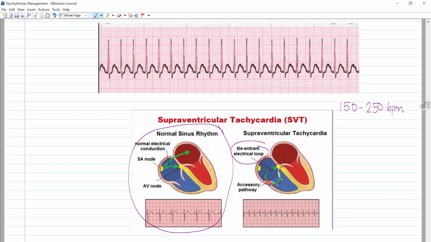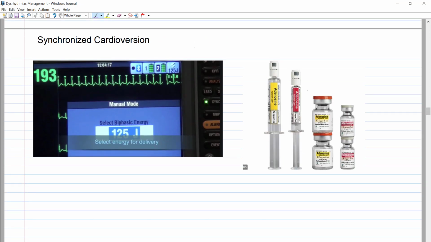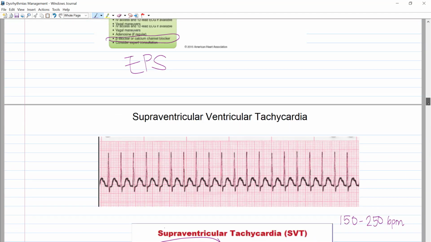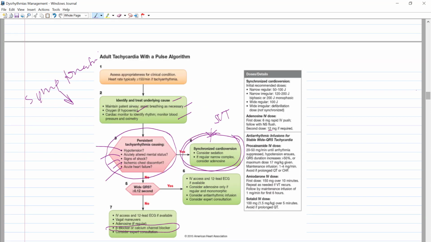And with SVT, you have to give them adenosine. First dose 6 milligrams, second dose 12 milligrams if required. If it's still not converted, then we do synchronized cardioversion. And with synchronized cardioversion, let's go up here again, because SVT is a part of adult tachycardia with pulse algorithm.